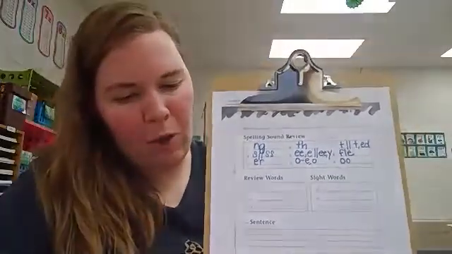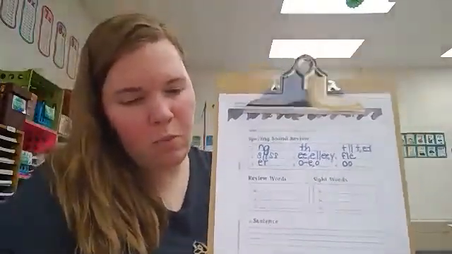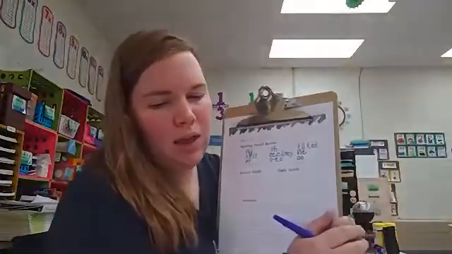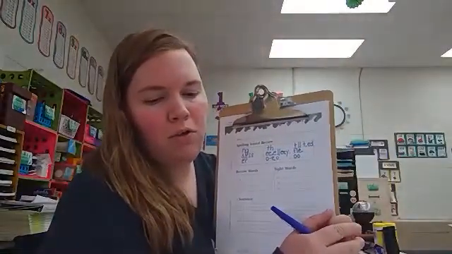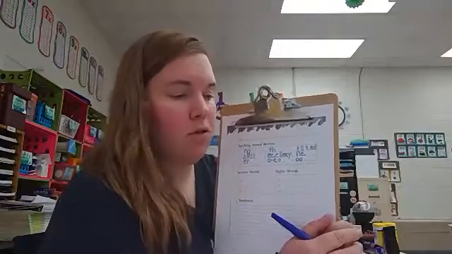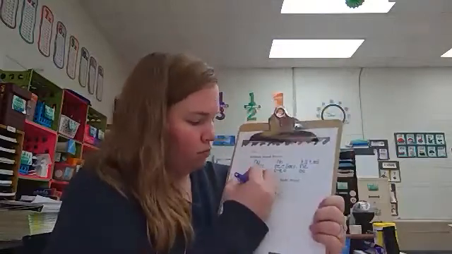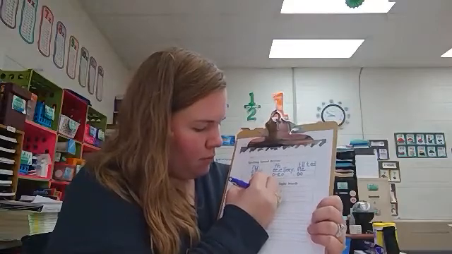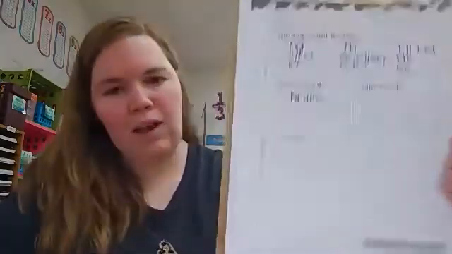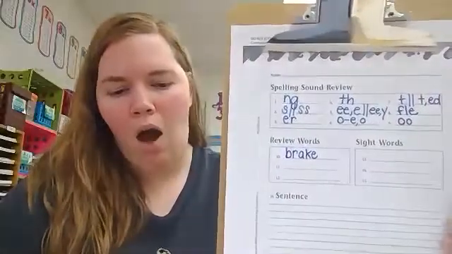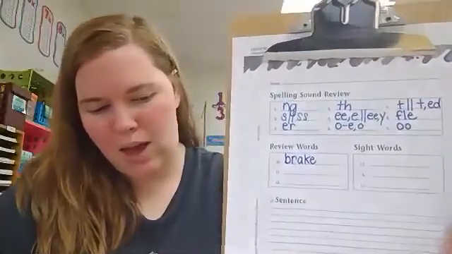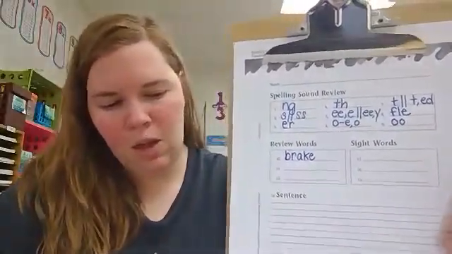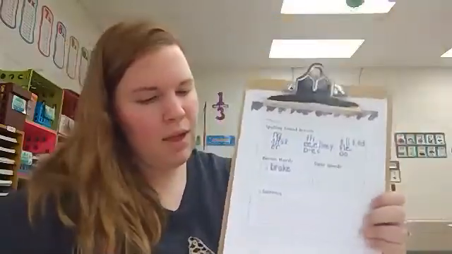Now let's practice spelling some words. On number 10, spell the word break. Like, I will use my brake to stop the bike. Break. This break is spelled B-R-A-K-E. Break. Number 11, spell the word cactus.